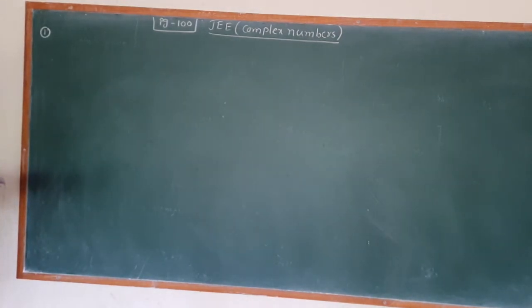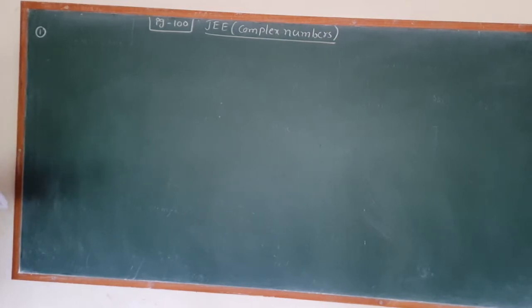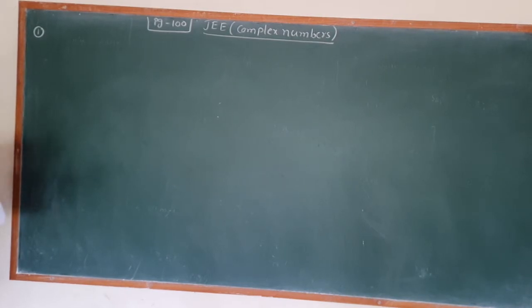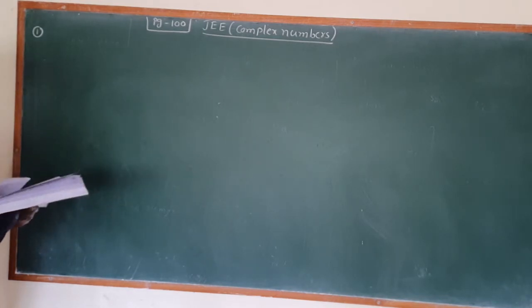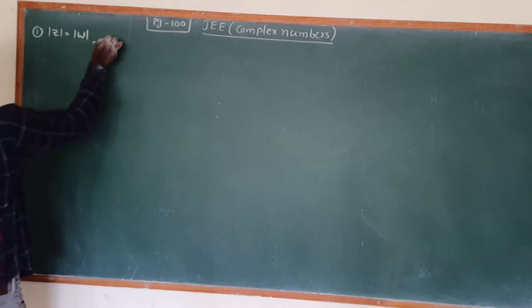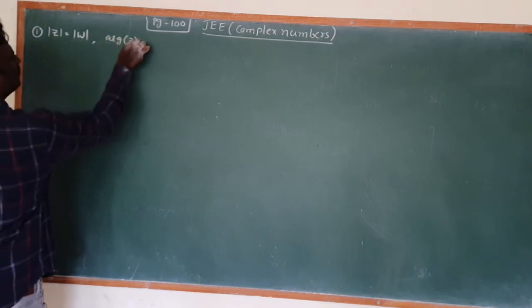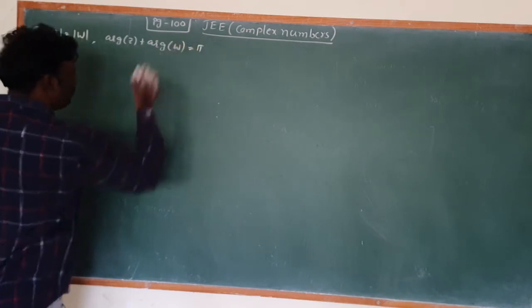In the first question, what is given? If Z and W are two non-zero complex numbers such that mod Z is equal to mod W, and argument of Z plus argument of W equals pi.